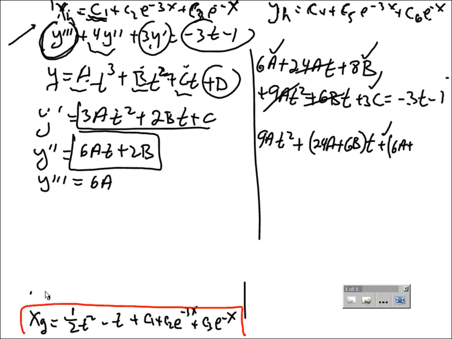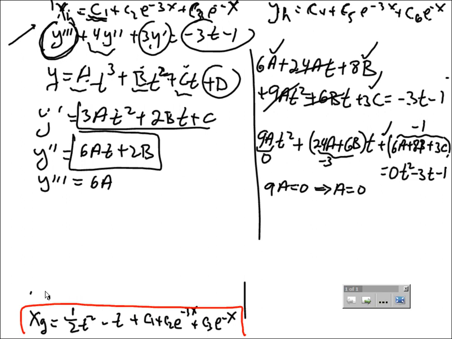And this is equal to 0t squared minus 3t minus 1. So this coefficient is 0, this coefficient is negative 3, and this coefficient is negative 1. So if 9a is 0, that implies a is 0. So I really didn't need a cubic term.